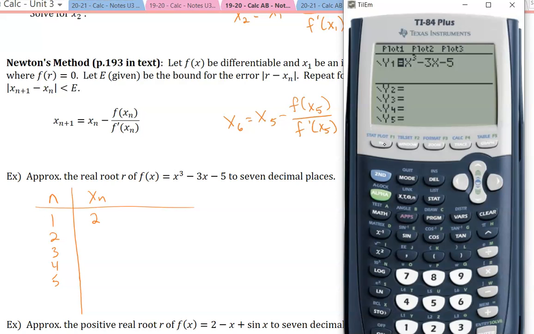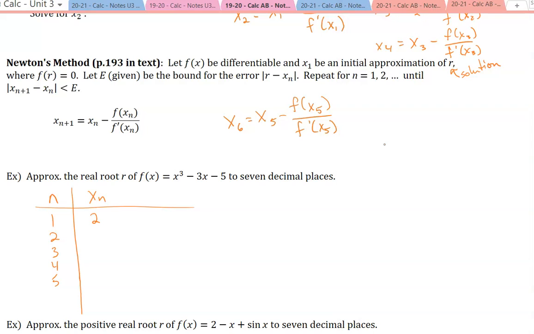I'm going to have to keep flipping back and forth between using the actual mouse and the pen here. So this right here is y1, okay? And then we know how to find a derivative on a calculator. Again, this is something Newton would do by hand, but we're using our technology that we have. So this right here is going to be y sub 2, okay? Or y2 in our graphing calculator, all right?